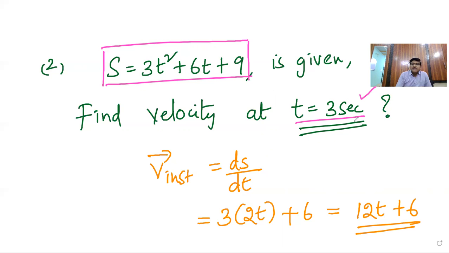So 12t plus 6 is the instantaneous velocity. But it requires at t is equal to 3 seconds. Substitute 3 seconds in place of t. Clear?